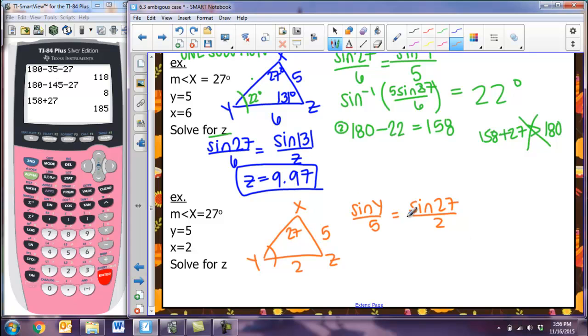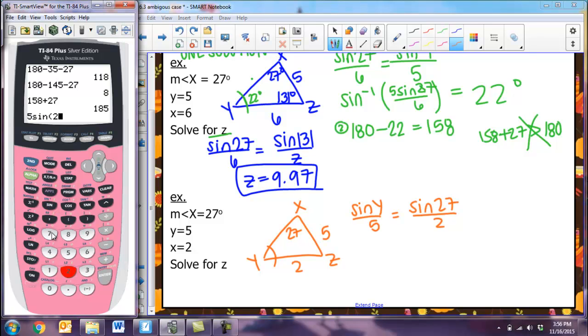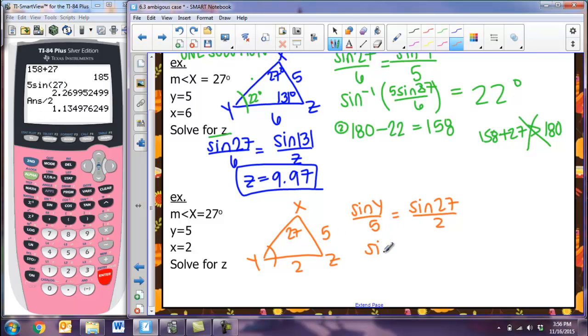Okay, so then at this point, if I did my cross multiplication here and I got 5 times the sine of 27, and then I'm going to divide that by 2, I would know that the sine of y is equal to 1.13 and so on. Okay, but if you remember back to our inverses, and I think about a sine value, you cannot have a sine value that's bigger than 1 or less than -1 because that sine graph never went above 1.